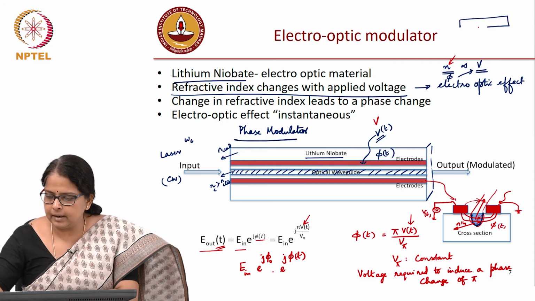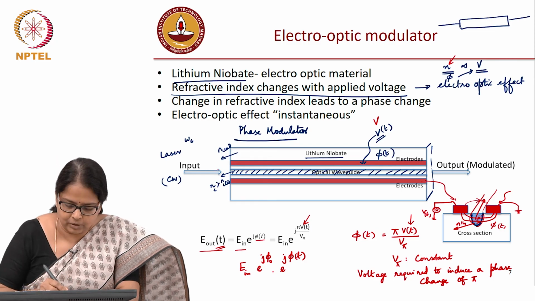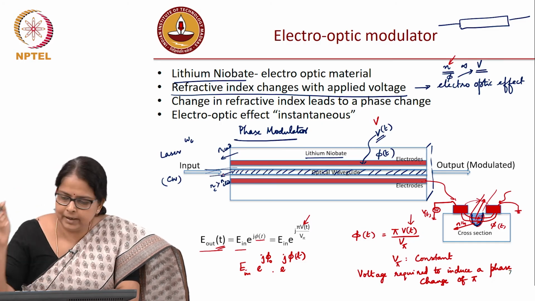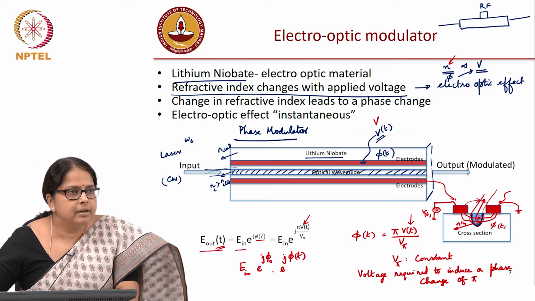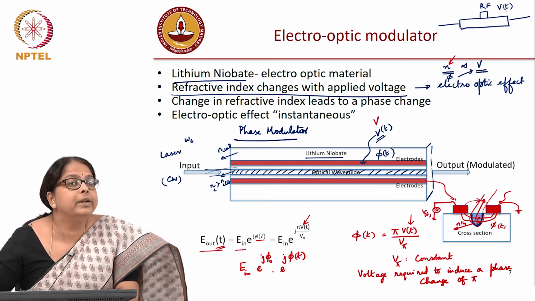I take this phase modulator, it will come like this. I have a fiber in, fiber out, right. I will actually have a fiber here which is glued into the waveguide, and then I have an RF pin where I am applying my 10 or 25 gigabaud signal.